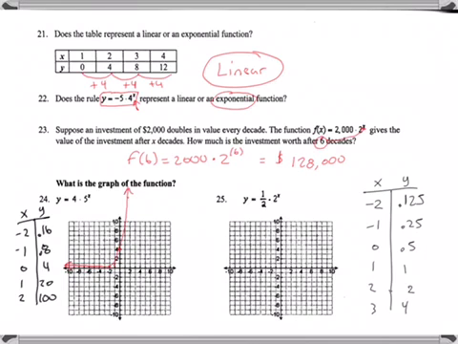At 3, I'm at 4. So that's the general shape of our graph for 25.